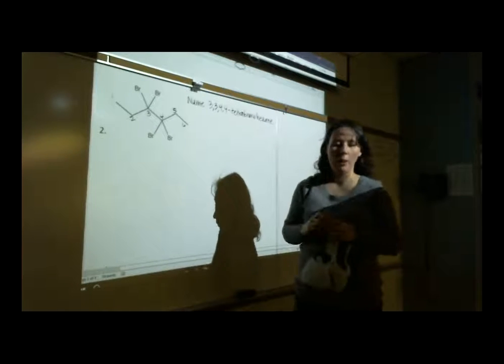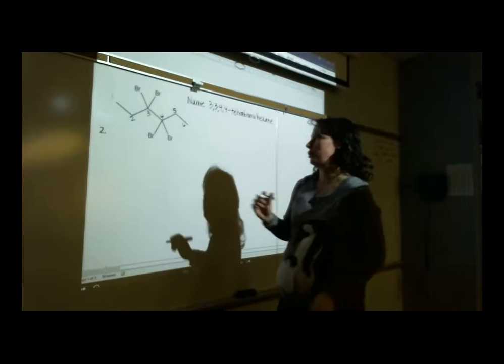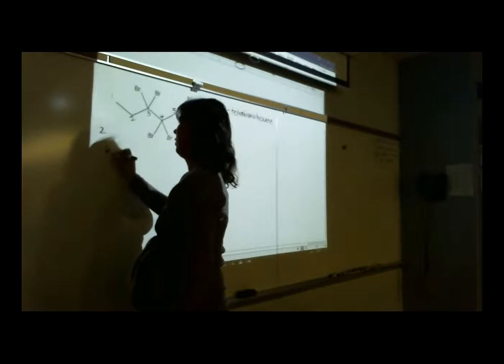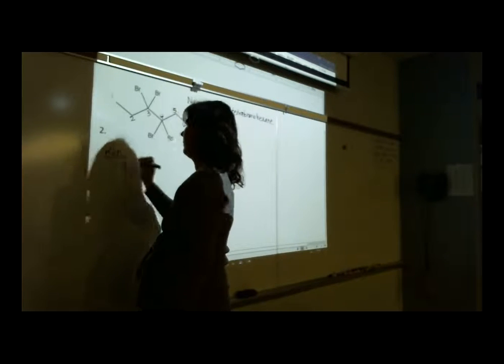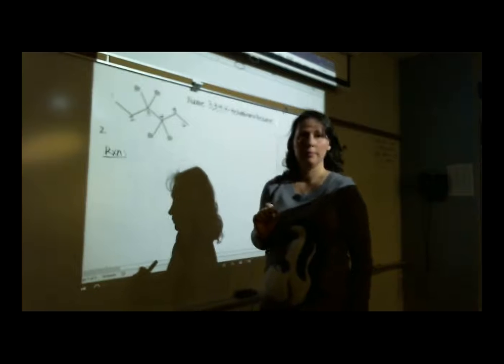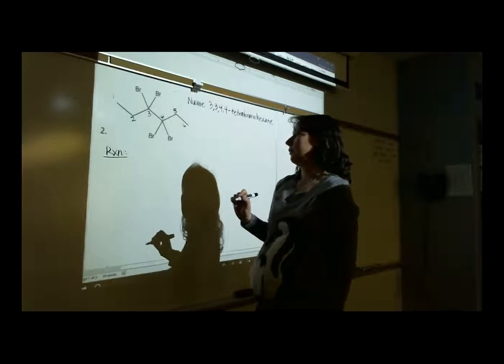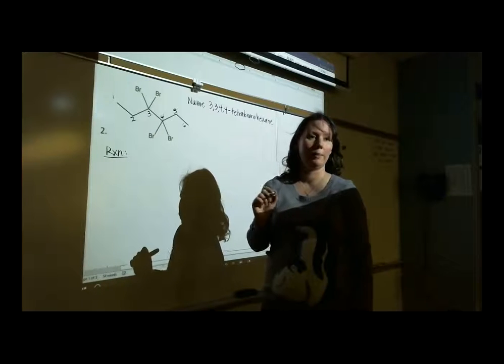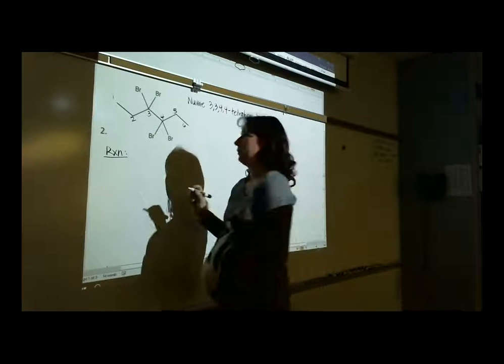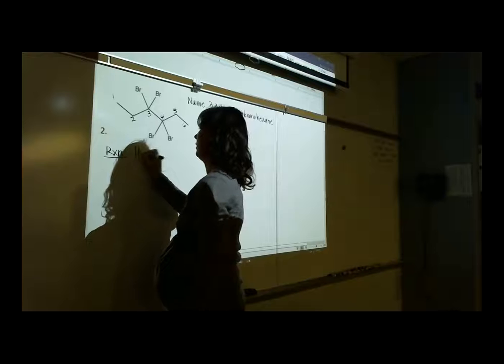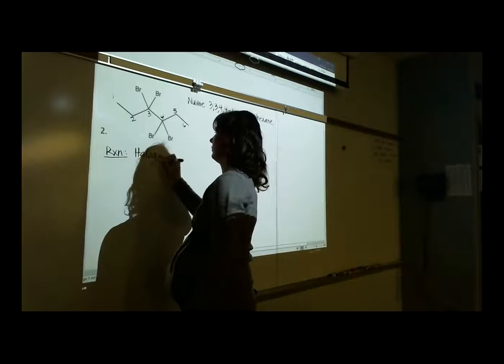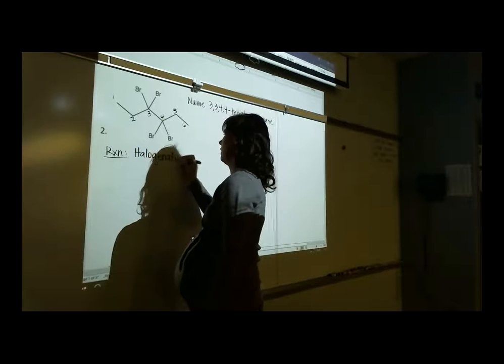And then how are we going to make this? What reaction would give this to us? This is an oldie. The addition of 2 Br2. Right, what's the name of that kind of reaction? Oh, alkyne halogenation, right? The category would be halogenation.